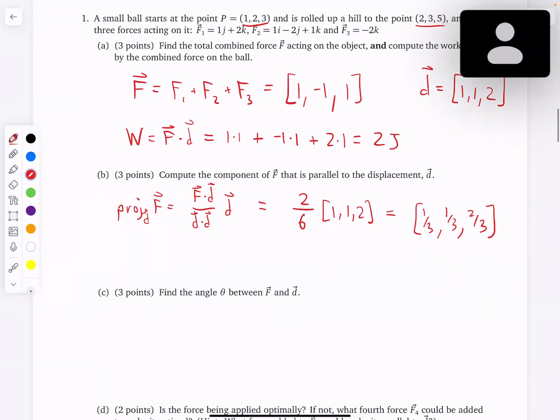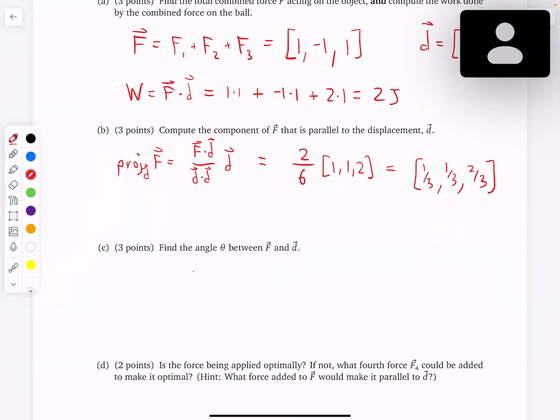Either way is fine. Find the angle between them. Remember that cosine of theta is equal to F dot D divided by the magnitude of F divided by the magnitude of D. And so that will equal 2 over the magnitude of F, which looks like root 3, times the magnitude of D, which is root 6.